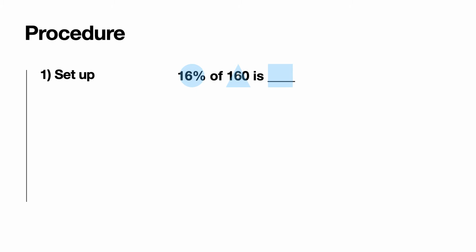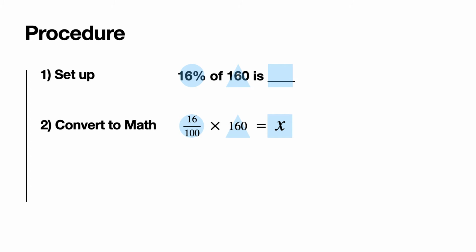In this case, it's the square. We convert it to math. Percent goes over 100, of means multiply, is means equal, and the unknown we give a variable name. And then solve.